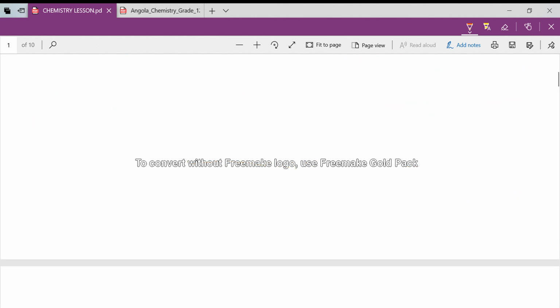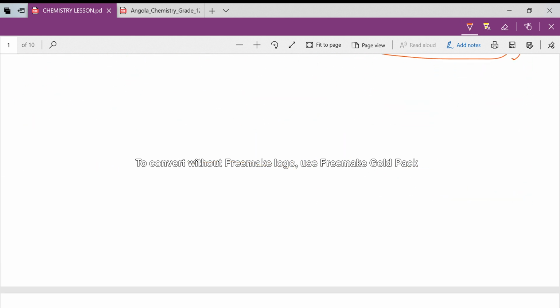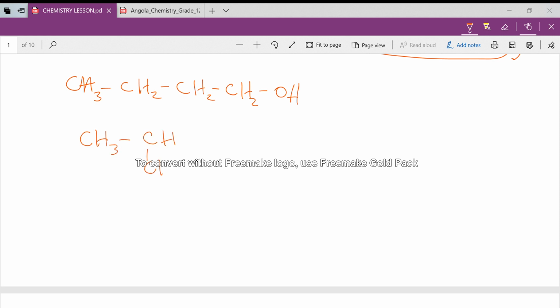Okay, let's see here. Now, for example, if we have CH3, CH2, CH2, CH2, OH, we have 1, 2, 3, 4 carbons, and we have CH3, CH, CH3, and then we have CH2OH. Now, we have 4 carbons, but in here we have a straight chain and here we have a branch.